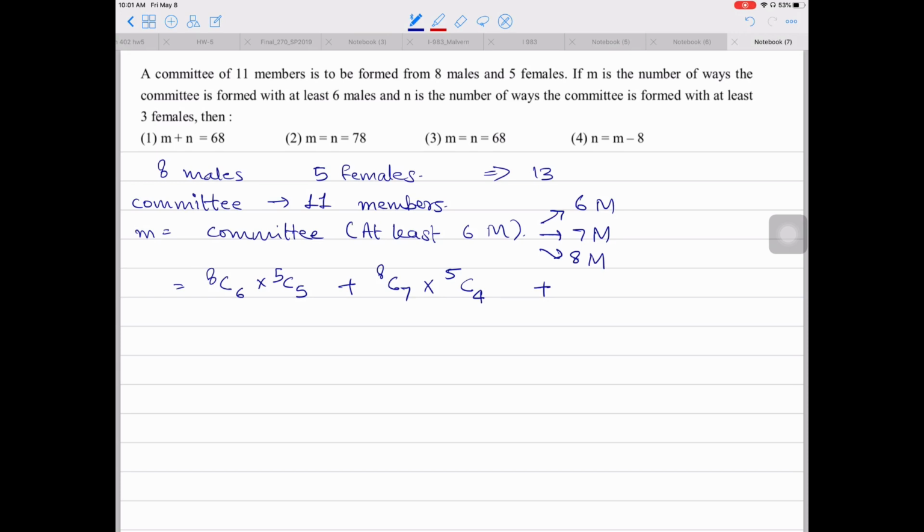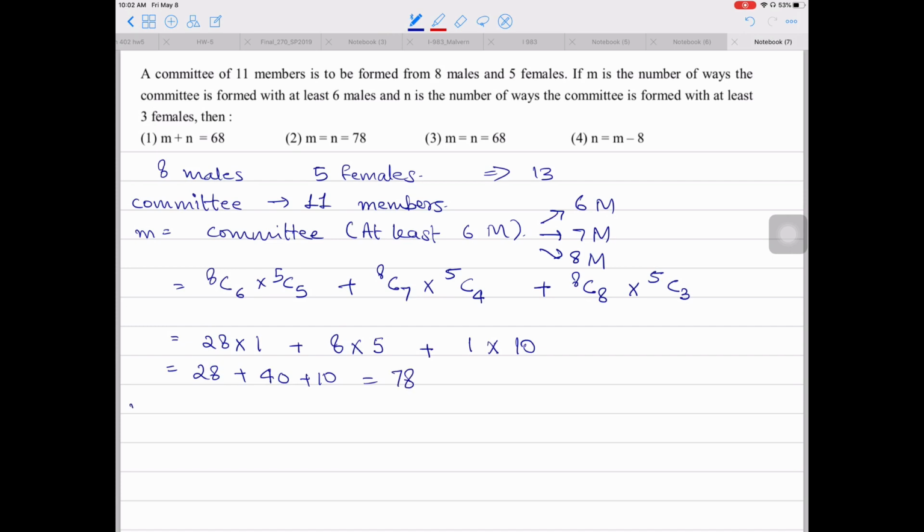Plus we have 8 males, so we select 8 males, which is 8C8, times the other 3 should be females, that is 5C3. 8C6 is 28, 5C5 is 1, 8C7 is 8, 5C4 is 5, and 8C8 is 1, 5C3 is 10, so which is 28, plus 40, plus 10, which is 78.